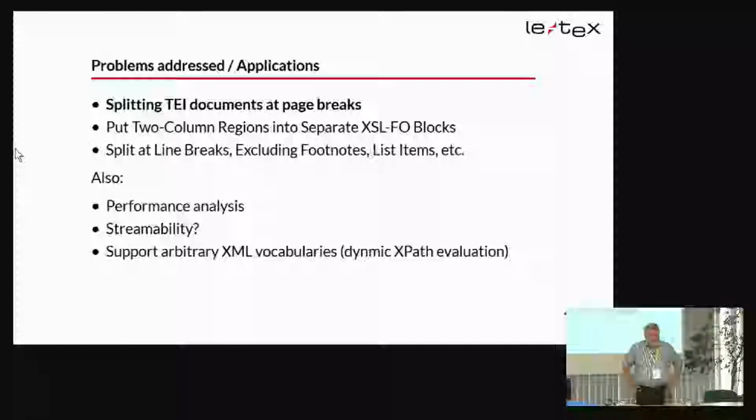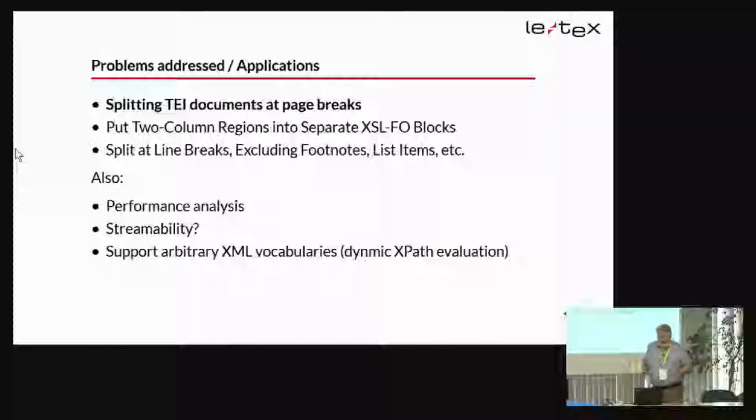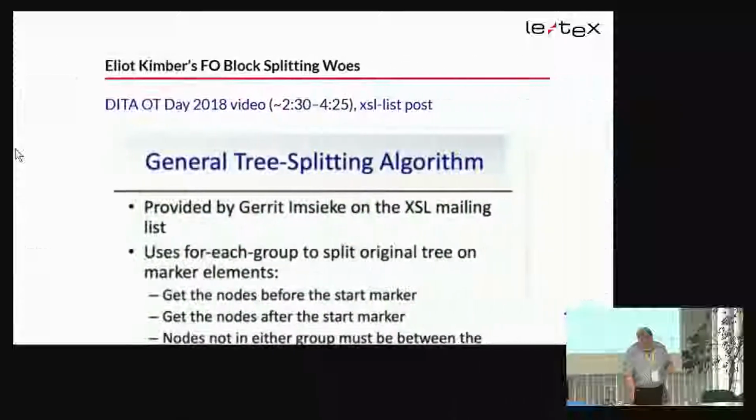But a more interesting question in terms of XSLT3 feature applicability is whether we can build a generic solution that splits DocBook and JATS and TEI and HTML, only configured by 3 or so XPath expressions for selecting the splitting points, etc. And this is really an interesting outcome of my research for this paper.